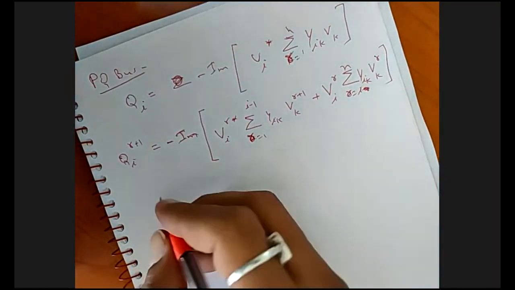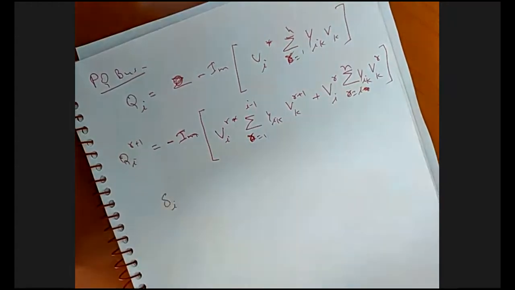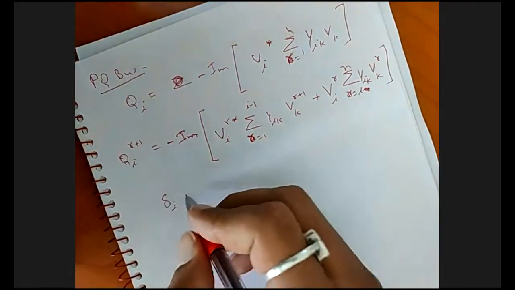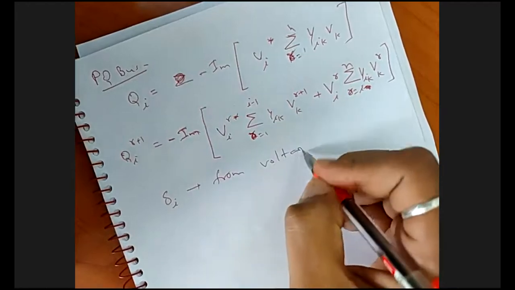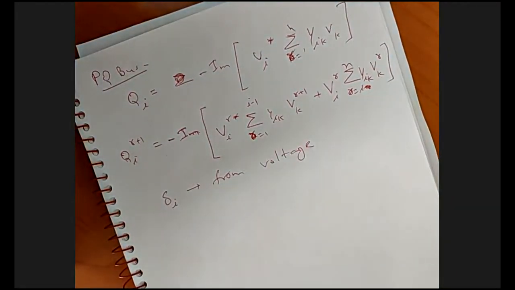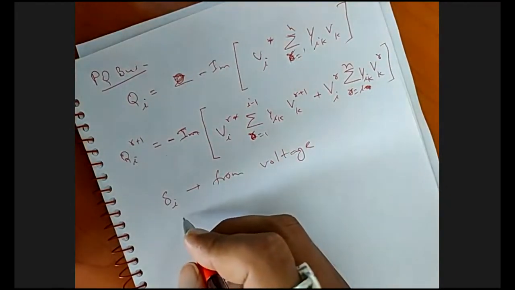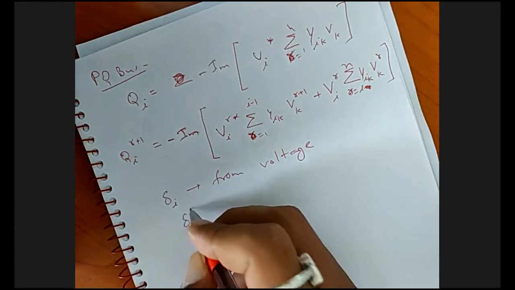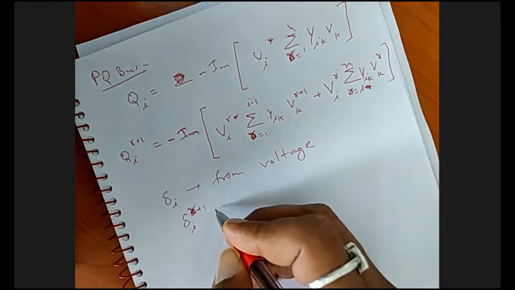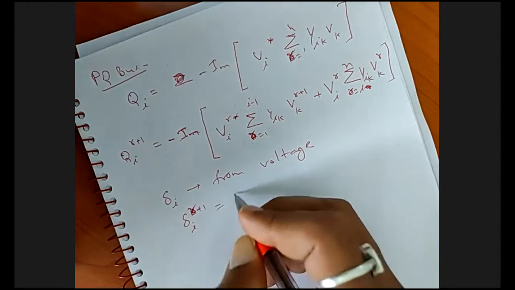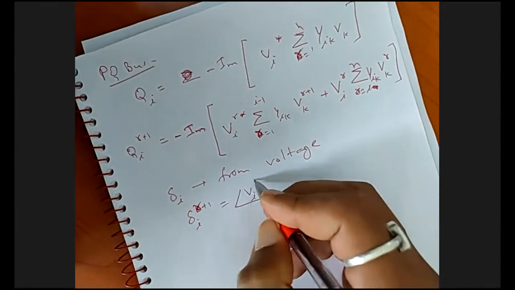Now delta i we have calculated, and it can be calculated from the voltage. So delta i at r plus 1 will be equal to the angle of Vi at r plus 1.